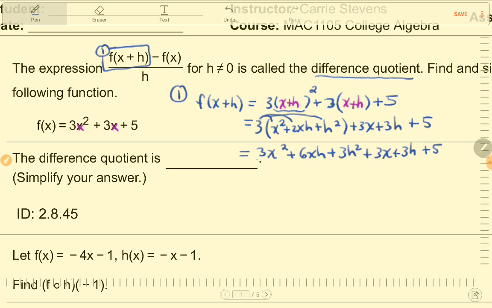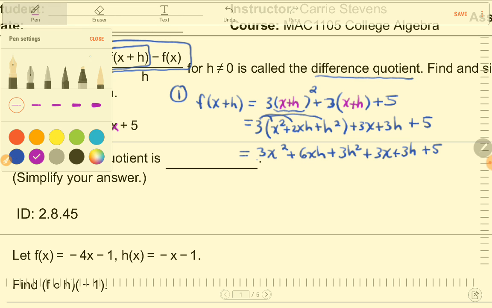And now I want to combine that result with the original f of x function. So now I'm going to take what I already have and combine it by subtracting f of x from it. Right, so if I'm going to subtract f of x, let me use a different color.